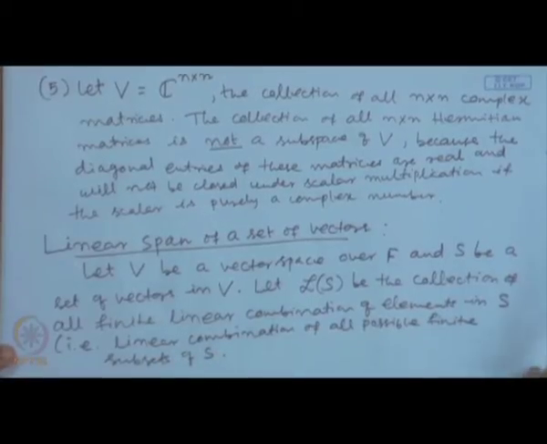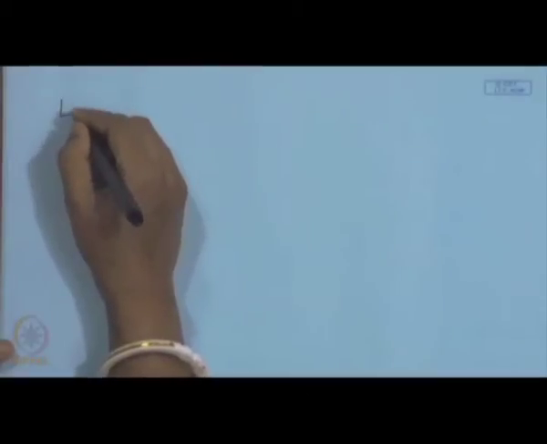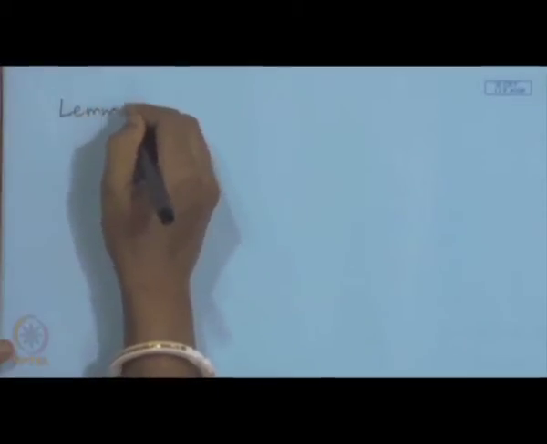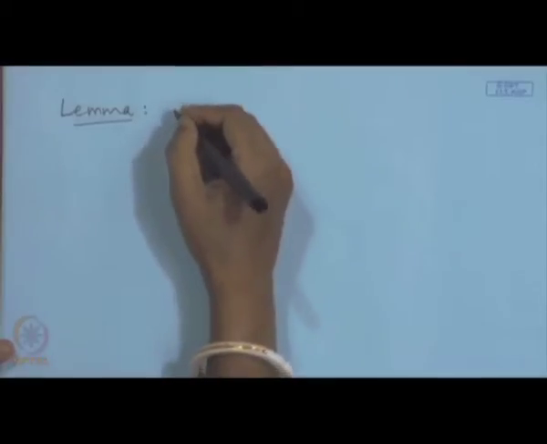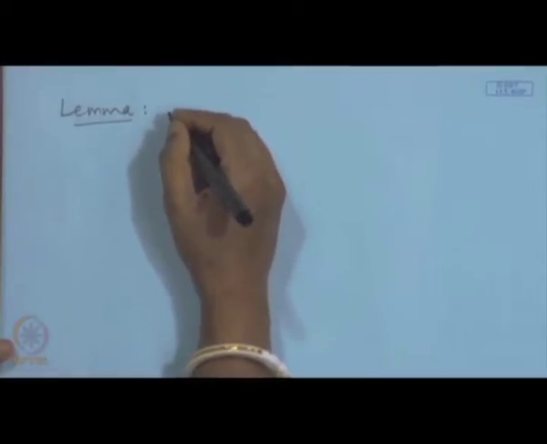Then this LS satisfies some properties that again we will write as a lemma. Of course, the proof is easy and has been left as an exercise. It is not difficult to check.